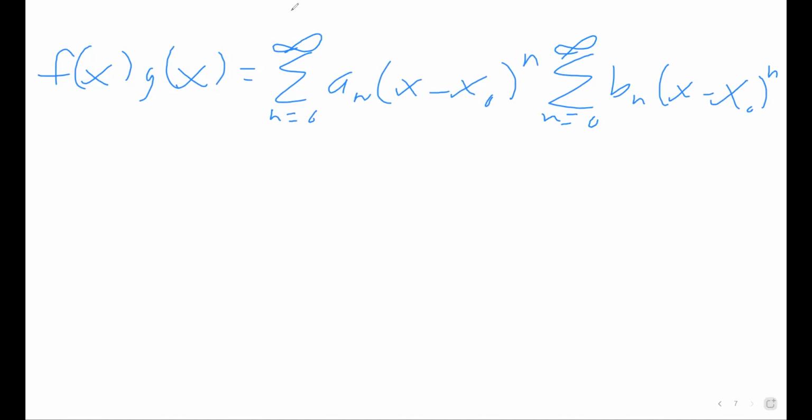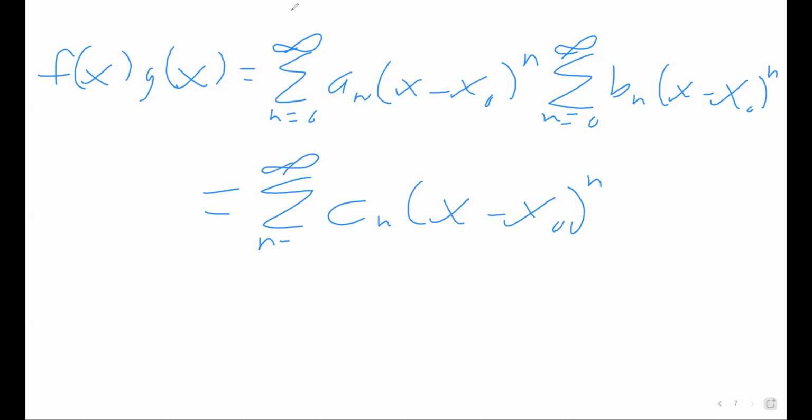Now, if we add all these up and multiply them all out, our a's are going to give us a really big polynomial. The b's give us a really big polynomial. So then we can just multiply that entire thing out, and what we'll end up with is a new summation, which is a big polynomial.